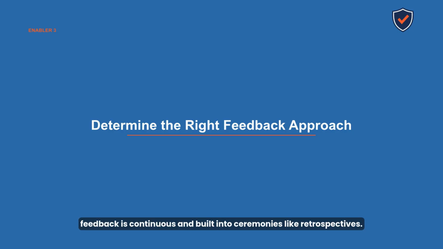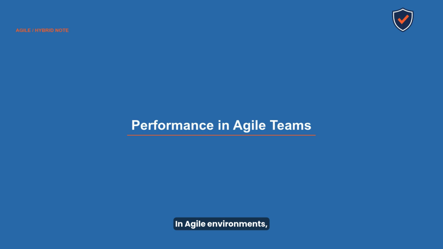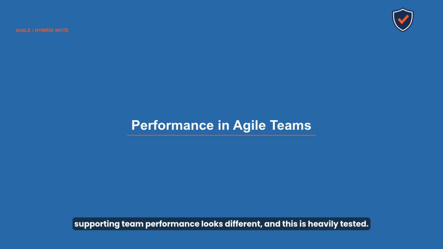In Agile, feedback is continuous and built into ceremonies like retrospectives. In predictive, feedback is more structured and tied to milestone reviews. In Agile environments, supporting team performance looks different, and this is heavily tested. Retrospectives are the primary mechanism for team performance feedback in Agile.